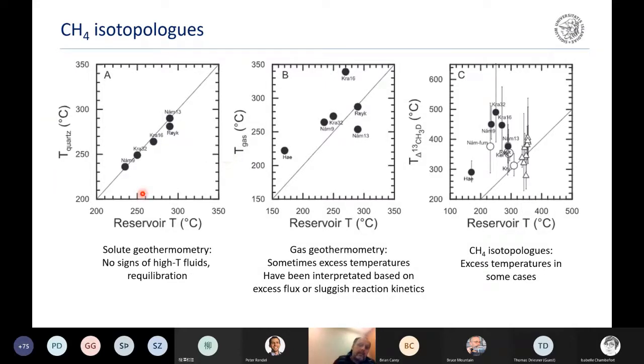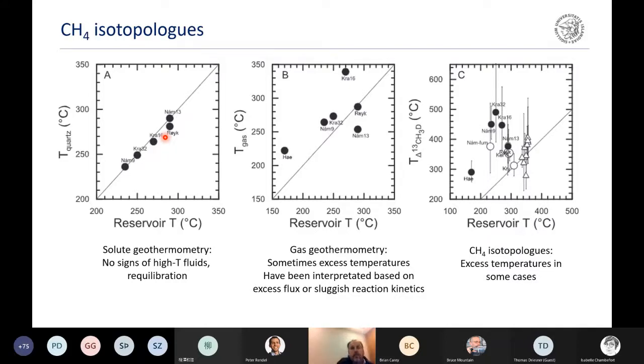But here you have a comparison of a typical solute geothermometer, like quartz, relative to the reservoir temperatures. And we are looking at, for example, the Krafla system, where the ITTP-1 was here, Krafla 2 boreholes here.